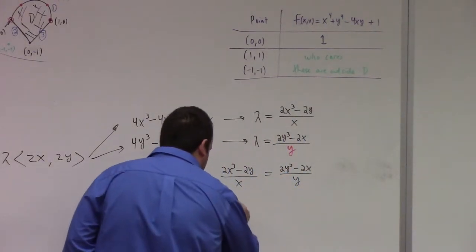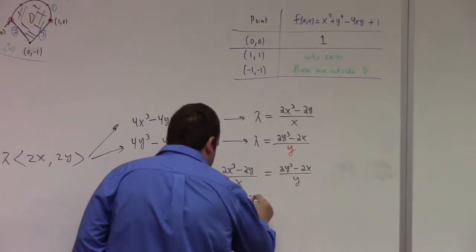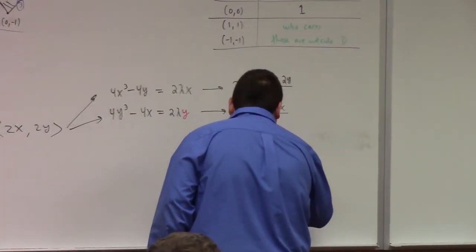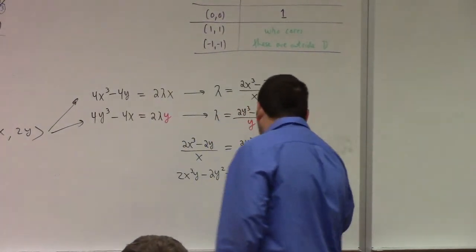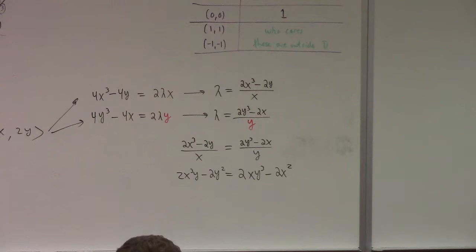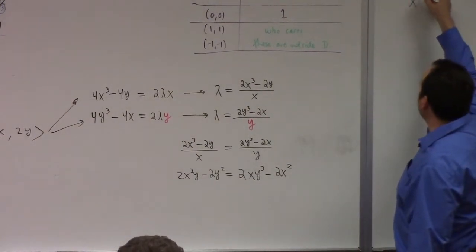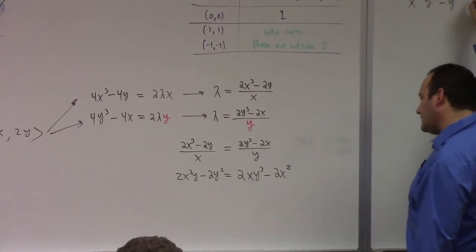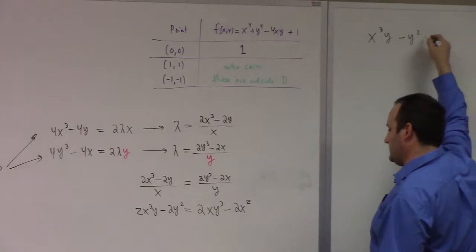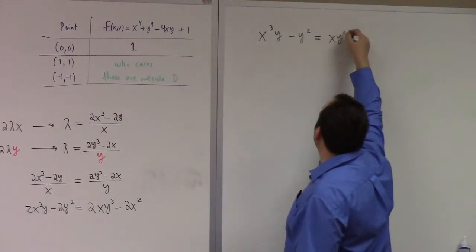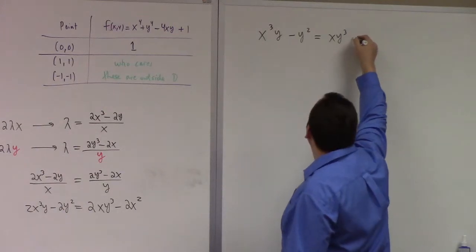So fine, 2x cubed y minus 2y squared is equal to 2xy cubed minus 2x squared. Yeah, there's a 2. Got enough 2's to go around here. x cubed y minus y squared equals to what? xy cubed minus x squared.